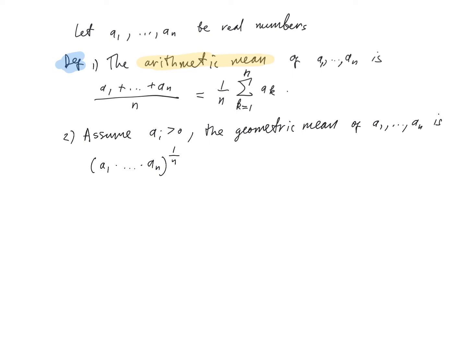And here we are using the existence of nth roots of real numbers established in the previous lecture. And using our newly introduced product notation, we can write it equivalently as the product over all k from 1 up to n of ak, and we take this expression to the power 1 over n.